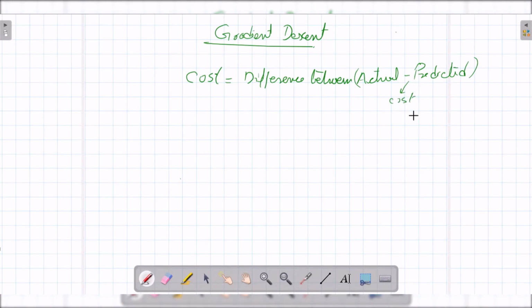And when I say how do you optimize cost?